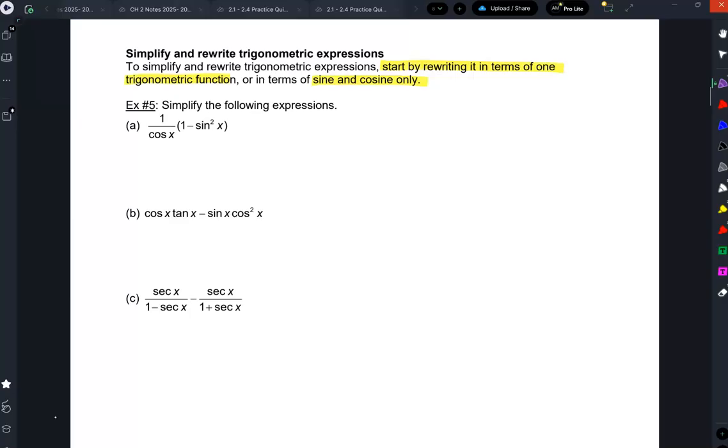But take a look at what you have here. This is a telling sign. What you have here is 1 added to or subtracted from a trig function squared, right? So if you have sine or cosine squared or tangent squared plus or minus a 1, you have to immediately think Pythagorean identity. Now, the Pythagorean identity that has sine squared is this one.